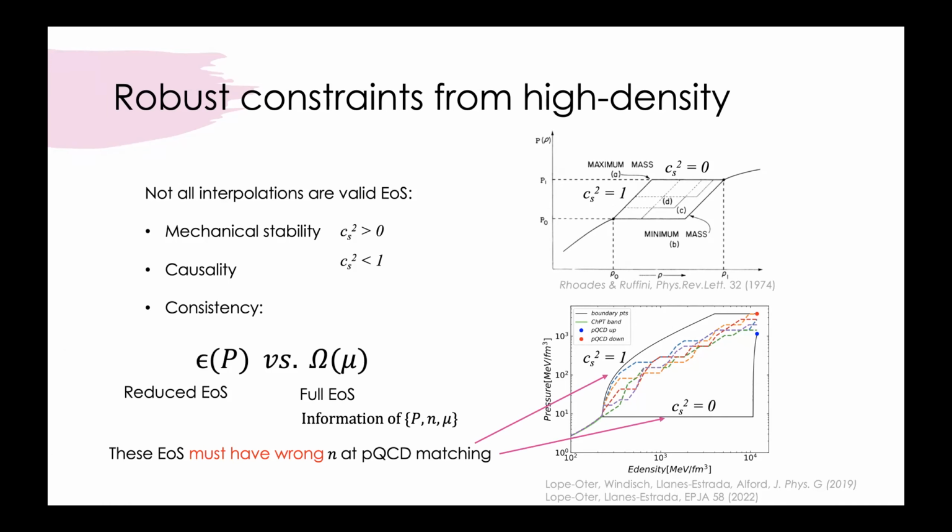That's actually an interesting thing, because it comes from the fact that here we are showing the reduced equation of state, the energy density as a function of pressure, or pressure as a function of energy density, which doesn't contain all the information of thermodynamic functions.